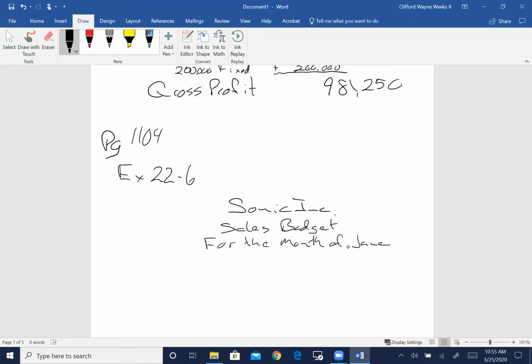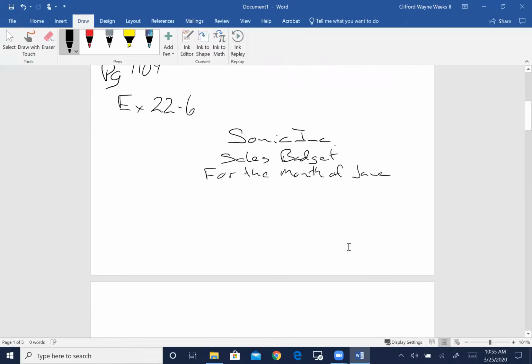The first place that you want to start with any budget is the revenues. Whether this is a personal or business budget, you always want to start with your earnings, because you can't spend what you don't have. So we would go to our sales force and ask them, what do you expect to sell this period?